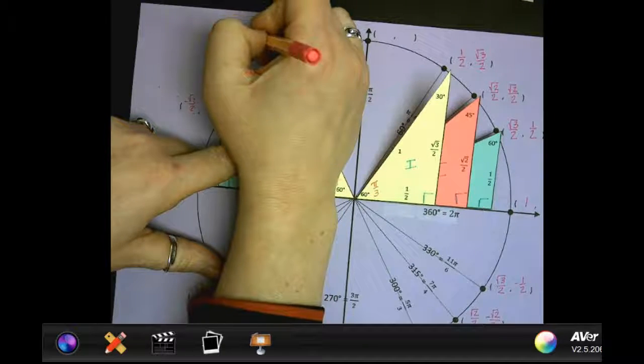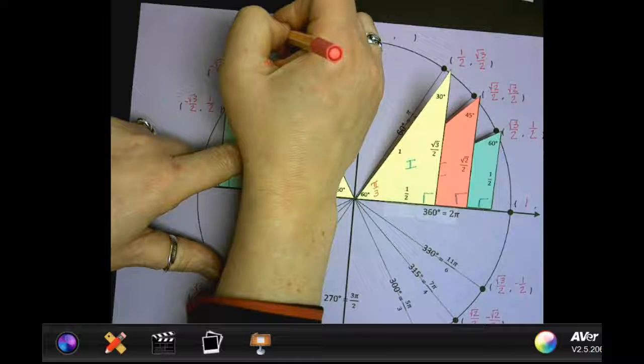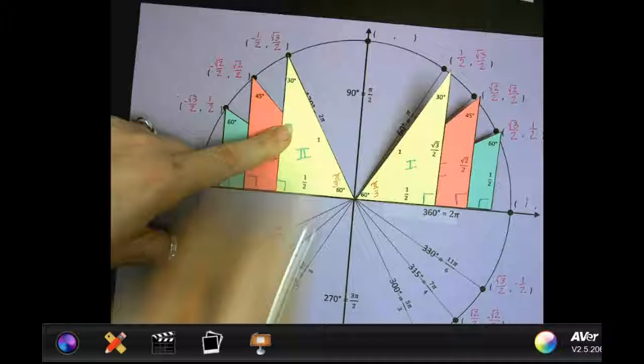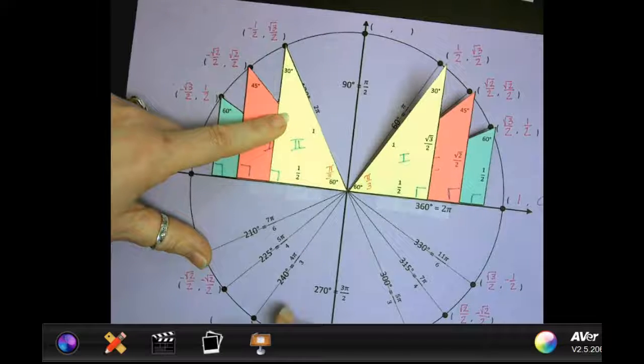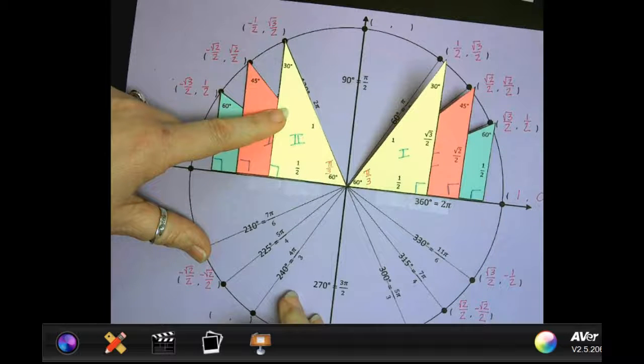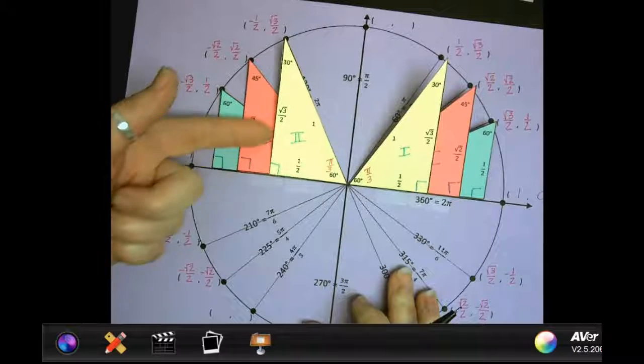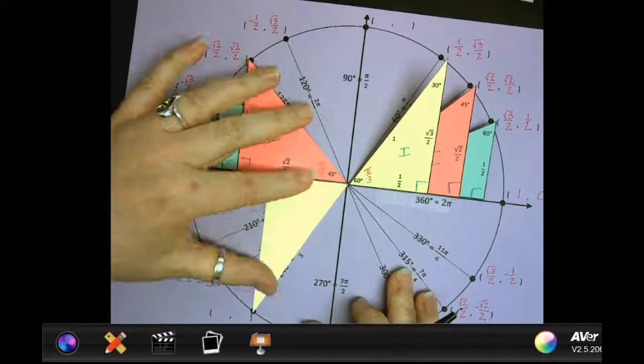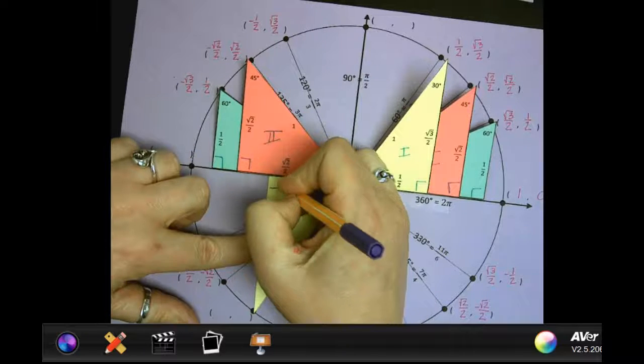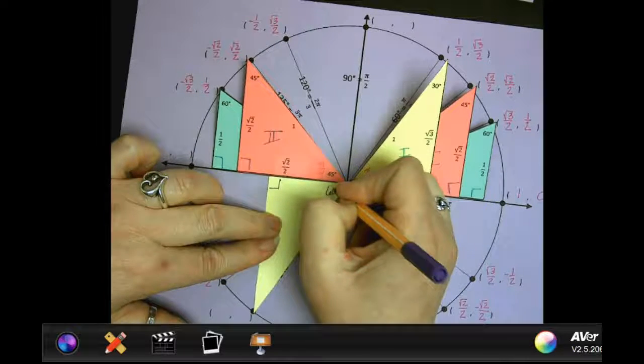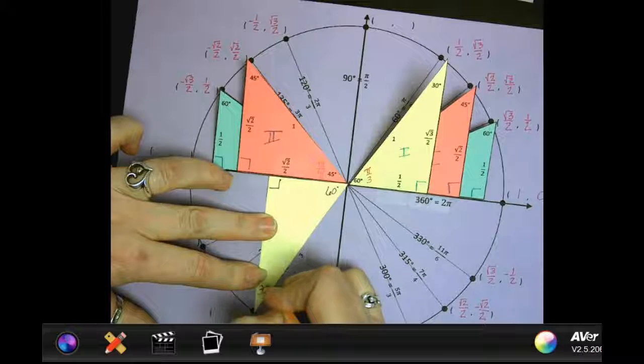This is negative 1/2, positive square root of 3 over 2. Hopefully, all triangles are tall enough where they fit, right?